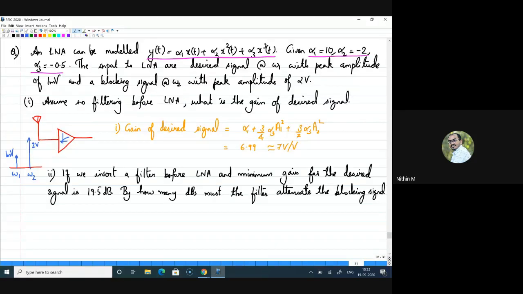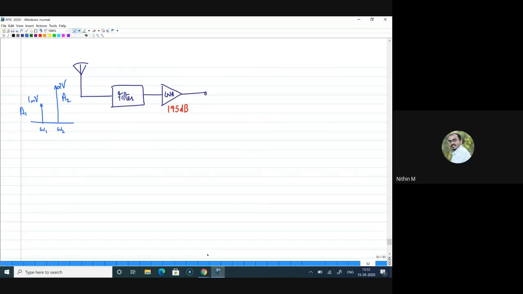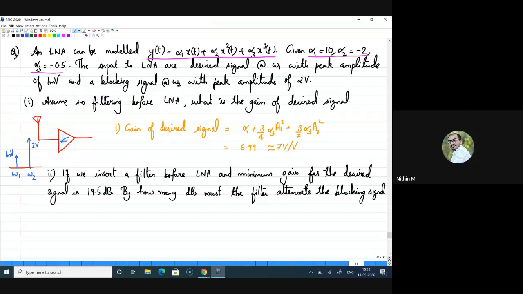Since a filter is present, it will filter out the undesired component. The filter will be designed with respect to that particular frequency. We do not have information on that part, but what we know is that if we insert a filter before the LNA and the minimum gain of this LNA is 19.5 dB, by how many dBs must the filter attenuate the blocking signal?